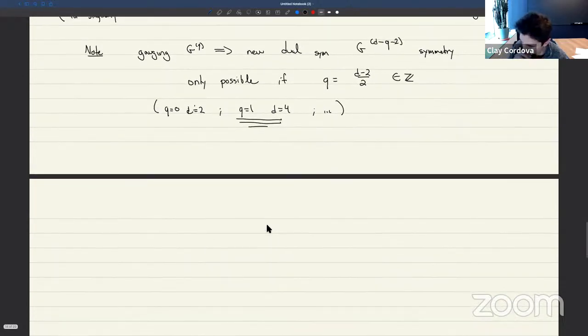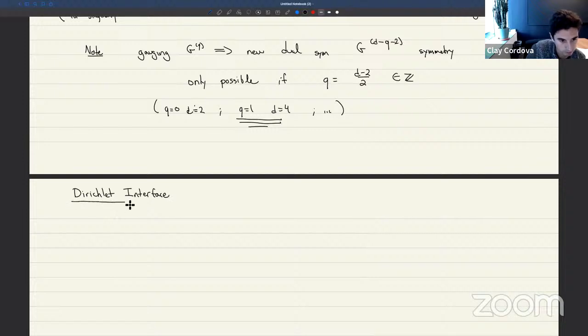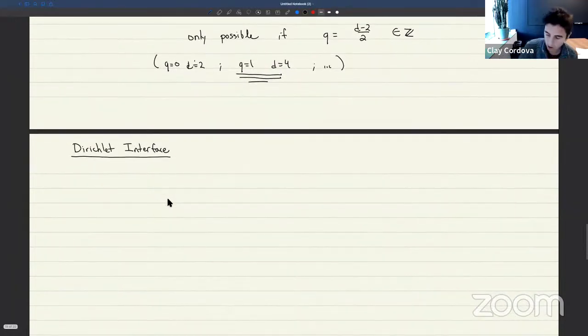Okay. So we're going to build this object from a Dirichlet interface. We will cut spacetime into two pieces. So this we'll call the left side.